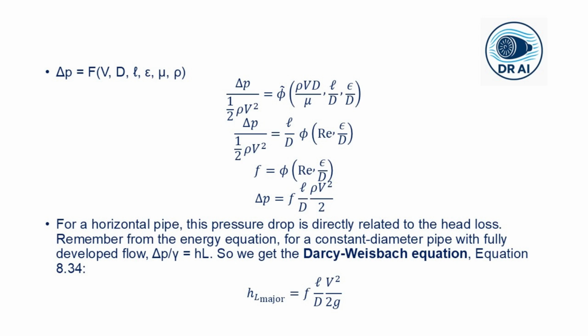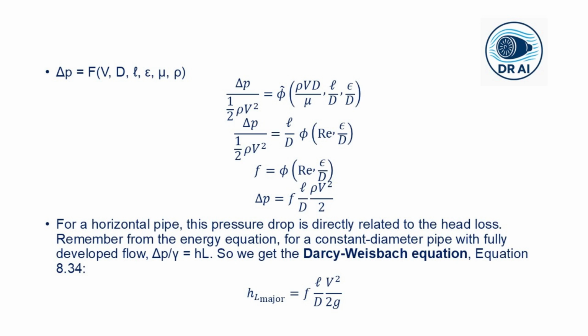So let us look at the right hand side. We have the Reynolds number Re equals rho V D by mu. We have the length to diameter ratio L over D, and we have the relative roughness epsilon over D. This is a much richer description than we had for the laminar flow, where density and roughness did not even appear.